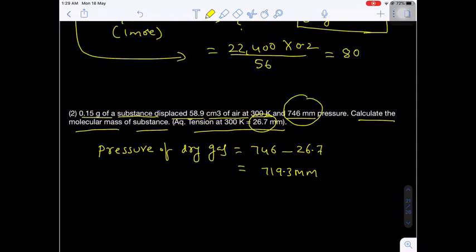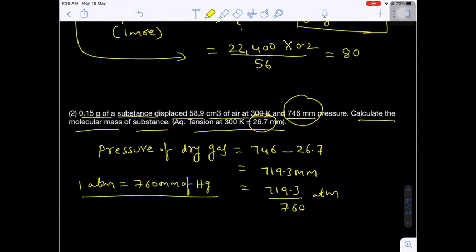I write 719.3 by 760 atm, because the pressure must be in atmospheres. Do you know 1 atmosphere is equal to 760 mm of mercury height? Yes or no?